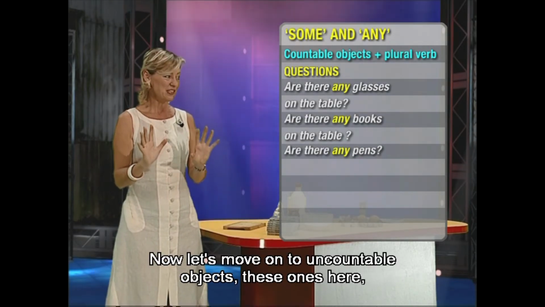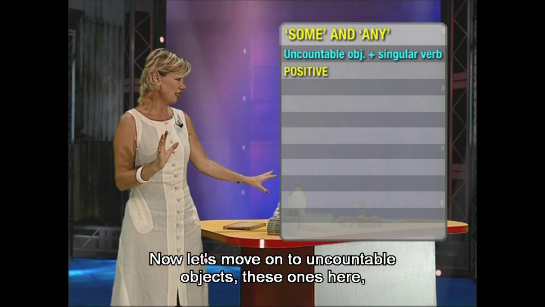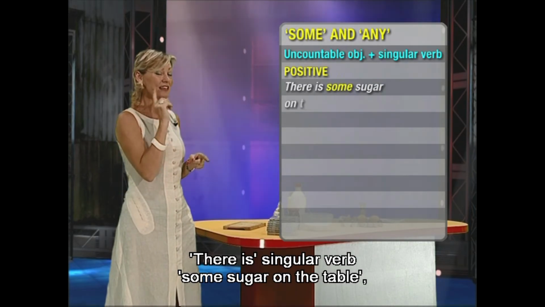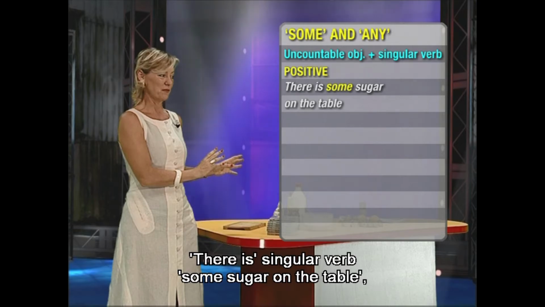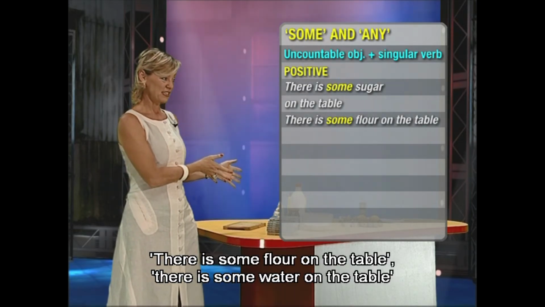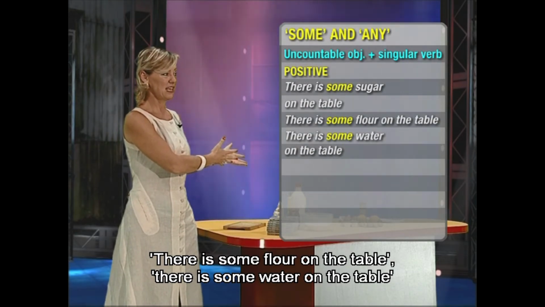Good. Now, let's move on to uncountable objects. These ones here. The examples are, there is, singular verb, some sugar on the table. There is some flour on the table. There is some water on the table.